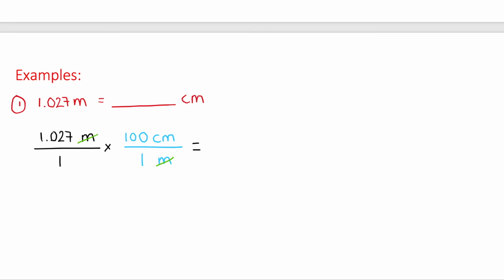I am pushing these digits to the next place value and the next place value. So I'm pushing the digits 2 place values to the left because it's becoming bigger. So it's going to be equal to 127 centimeters. And that's going to be my answer.